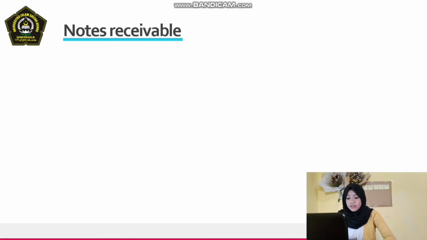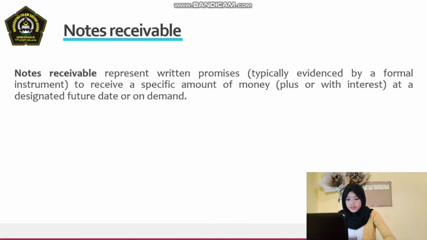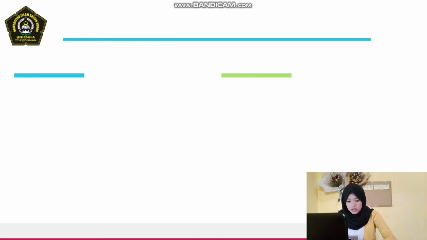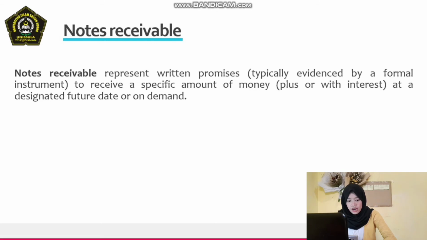The second is notes receivable. Notes receivable represent written promises, typically evidenced by a formal instrument, to receive a specific amount of money, plus or with interest, at a designated future date or on demand. The promissory note is a written promise to pay a specific amount of money at some definitive date or on demand.